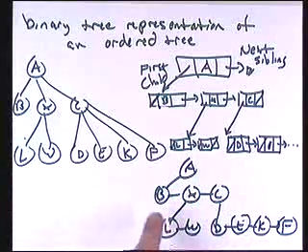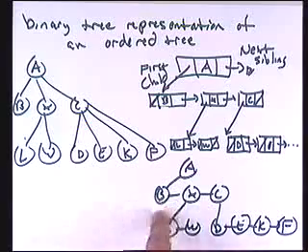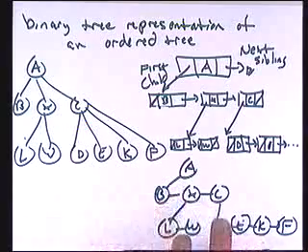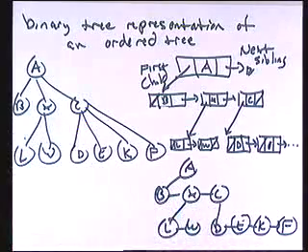Here I just haven't explicitly drawn out the rectangular nodes, but you can tell what the pointers are meant to be from the picture. And that's known as the binary tree representation of an ordered tree, because we're building an ordered tree out of tree nodes with only 2 pointers each, as opposed to the earlier slide where we had a tree node composed of a whole linked list of as many pointers as we needed, plus the element itself.